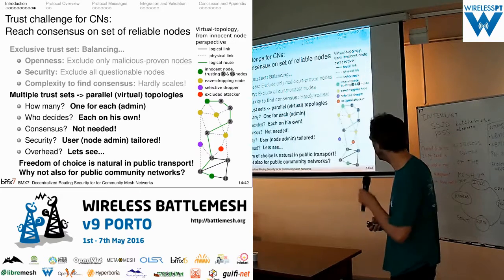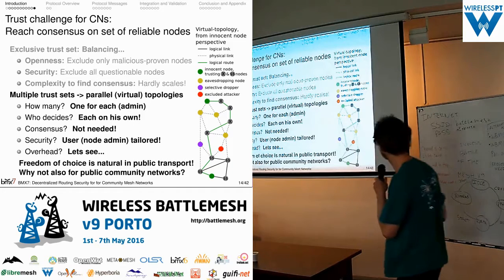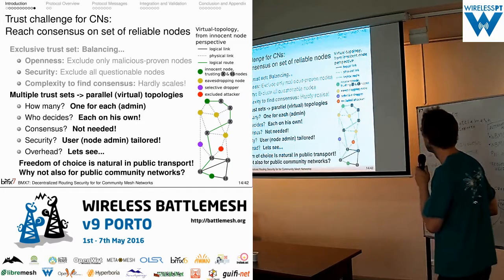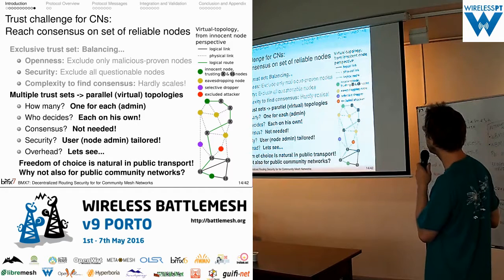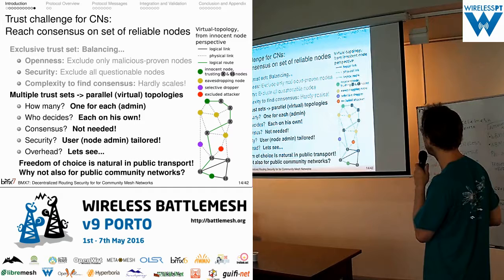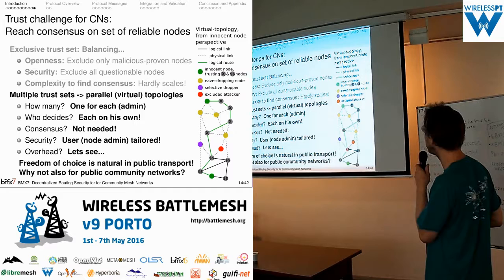Yeah, here we have an example. Here we have this green node, which trusts these X and these dollar nodes. So as a consequence, there is a path which can go all this way, right? Because there are physical links between these nodes, and these nodes are trusted by the green nodes.